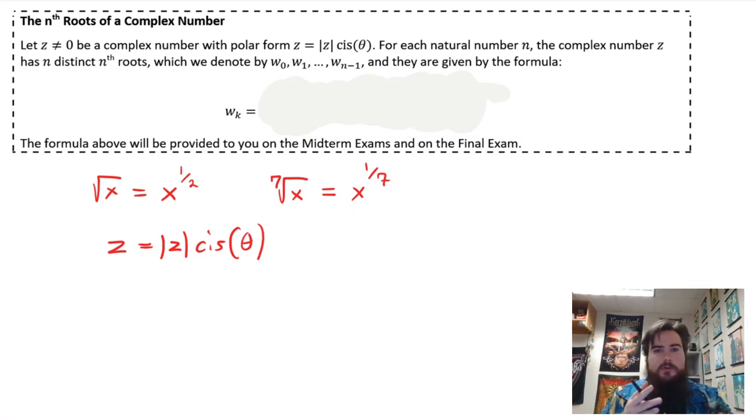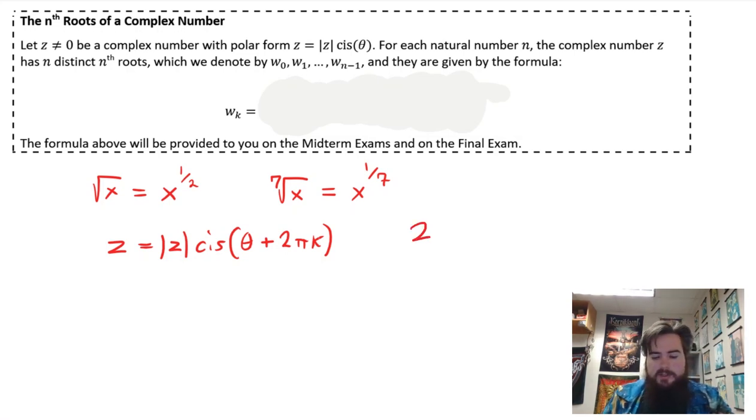However, theta could be one number, but you could also consider any other coterminal value for that. So, if you add 2 pi of any multiple to theta, then you're going to get the same complex number, just a different polar representation of it.